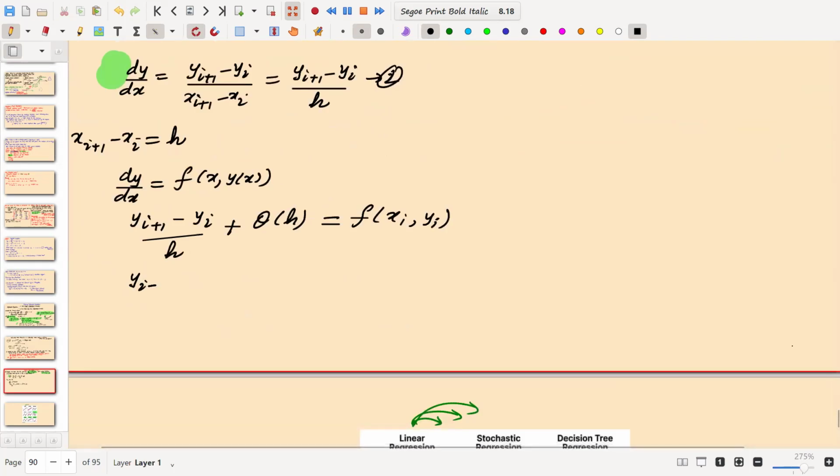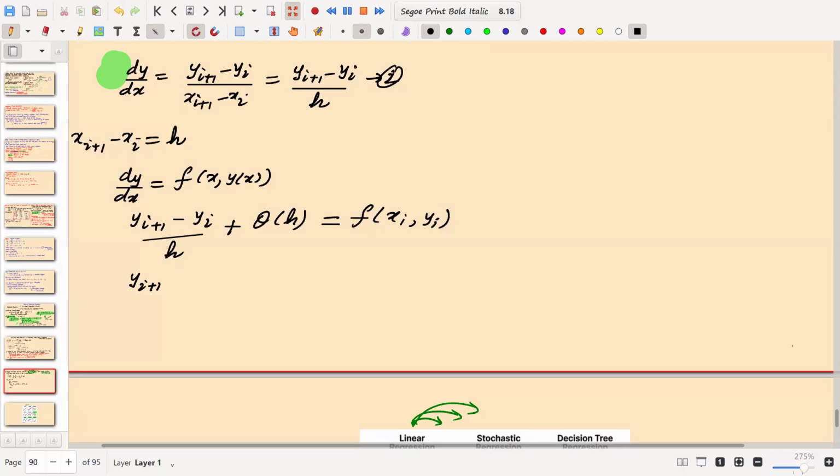We can write yi plus 1, because that's the value at the next iteration. What is yi plus 1? It is the value at xi plus 1, and yi is the value at xi. So our job is to find yi plus 1 in terms of yi; we want to find the future value in terms of the past.